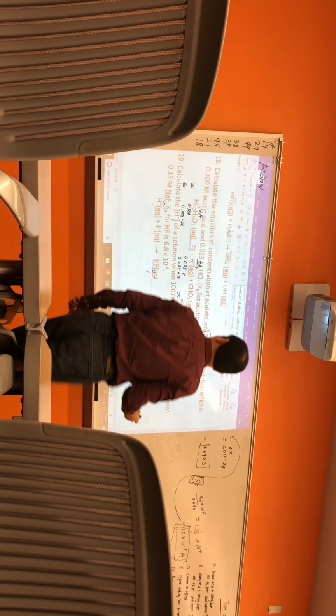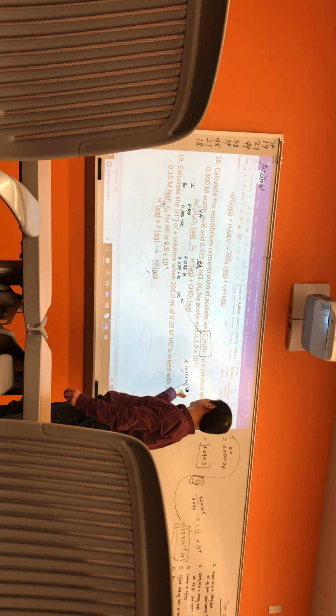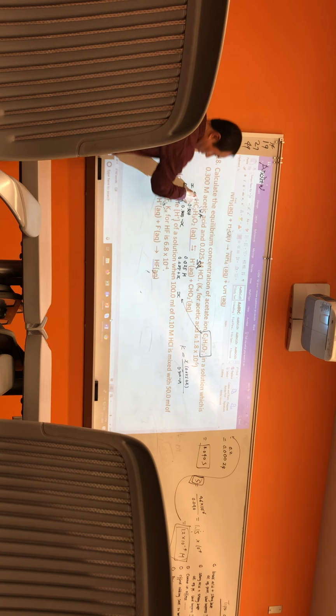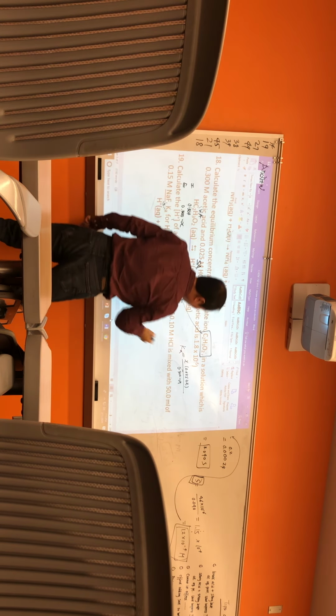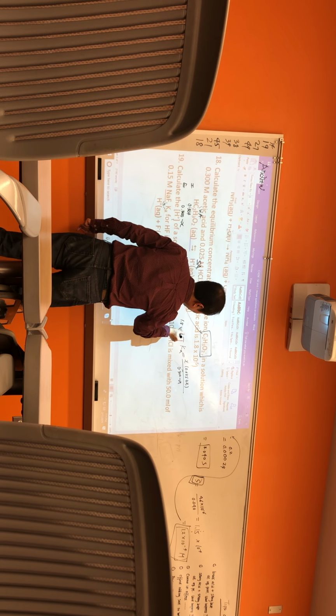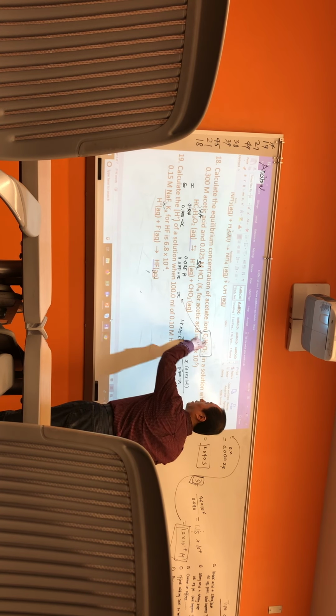So let's solve for x. x times 0.025 plus x divided by this, and that's the equilibrium constant. Because your reactant is acid, this is Ka, and Ka is given. So we can solve for x. And then x is the one they are asking.